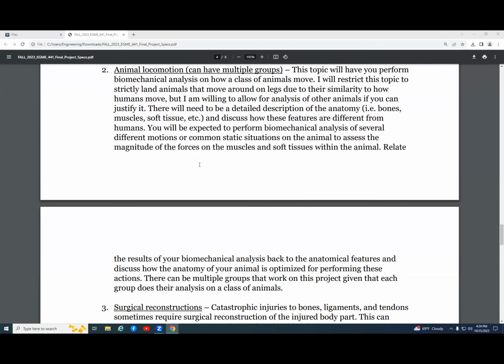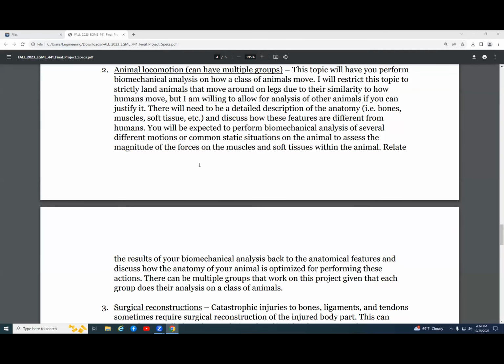This again can have multiple groups just because there are lots of different animals in the world. One thing that's really interesting is that we focus mostly on human motion, and the numbers we've chosen and the geometries and orientations have been for humans, but you can apply these same techniques to animals as well.